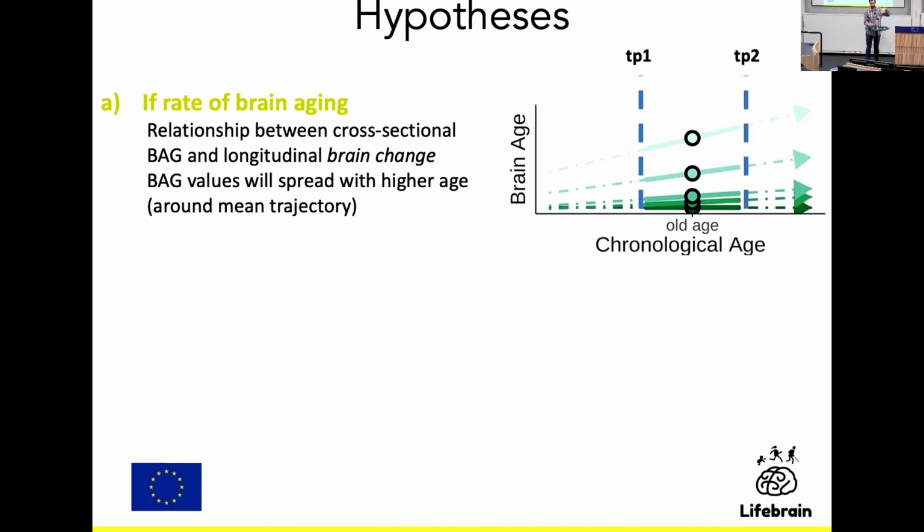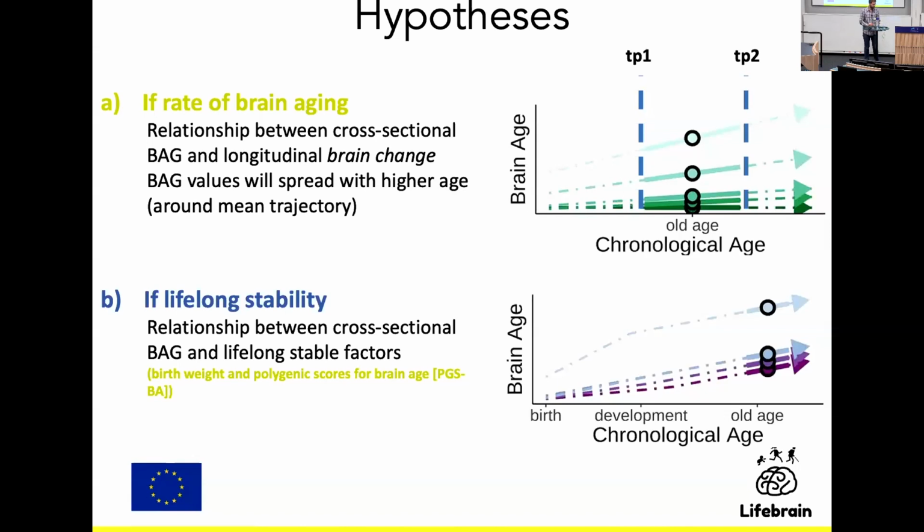Here you would see how the individual variations, when assessed at a single time point, should be related to the slope, to the arrows, so the ongoing longitudinal change. Also, using what Stephen Smith presented before, we argue that delta values should spread with higher age, as indirect evidence that individual delta changes over time.